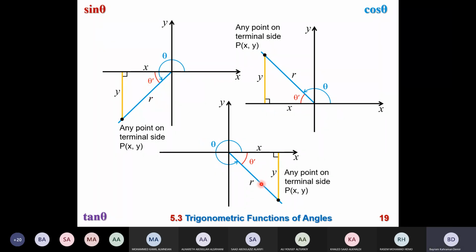And when you come to the fourth quadrant, you're going to subtract theta from 360. You see, 360 minus theta will give you theta prime, which is the reference of theta.